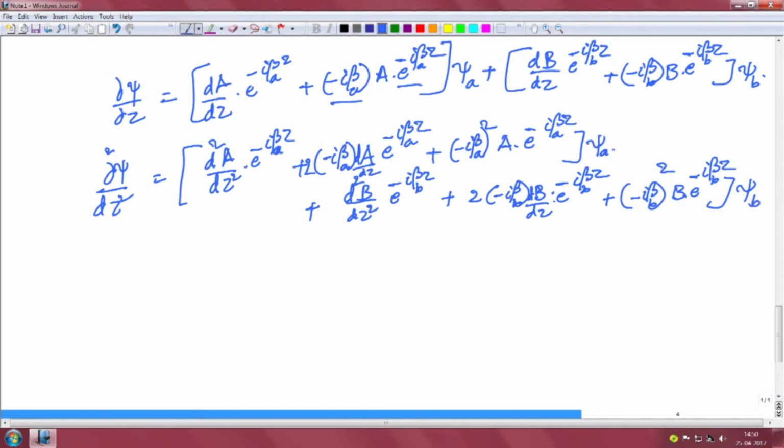So these are the expressions for d psi by dz and d square psi by dz square.